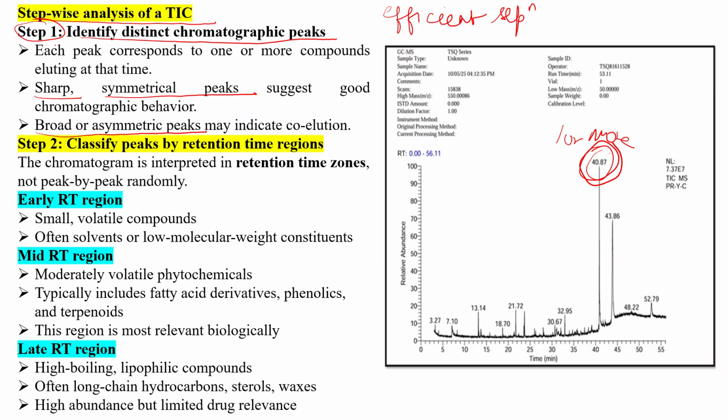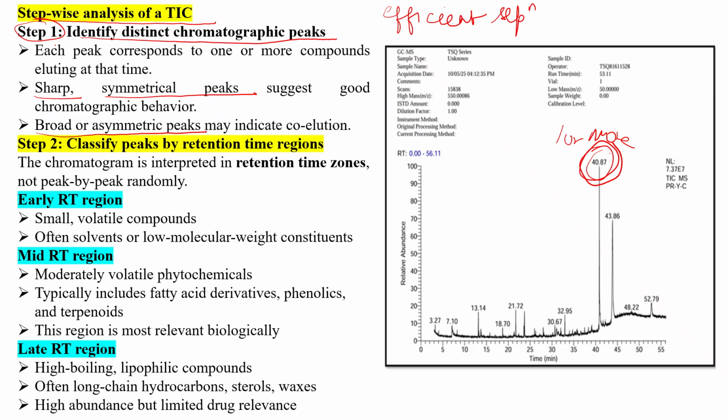They interacted properly. And जो पैरामीटर्स लिए गए थे जैसे कि कॉलम टाइप या फिर फ्लो रेट या टेम्परेचर और सॉल्वेंट ग्रेडियंट, that was well optimized.